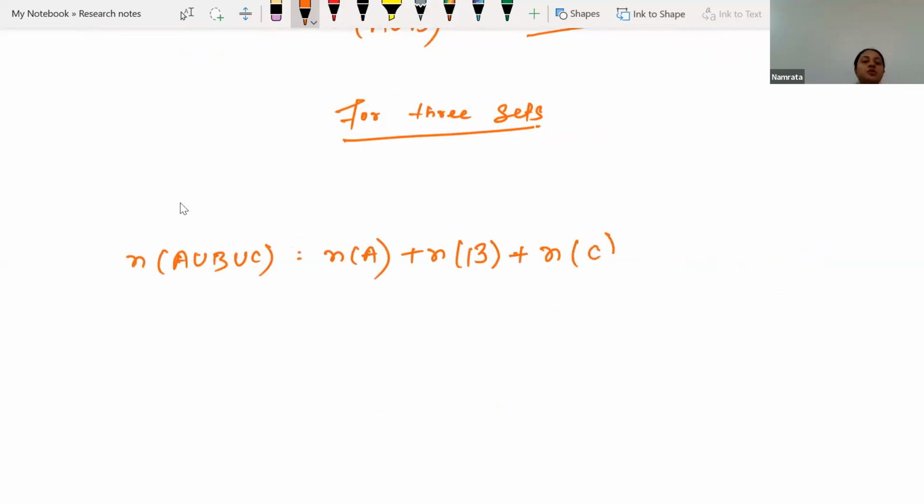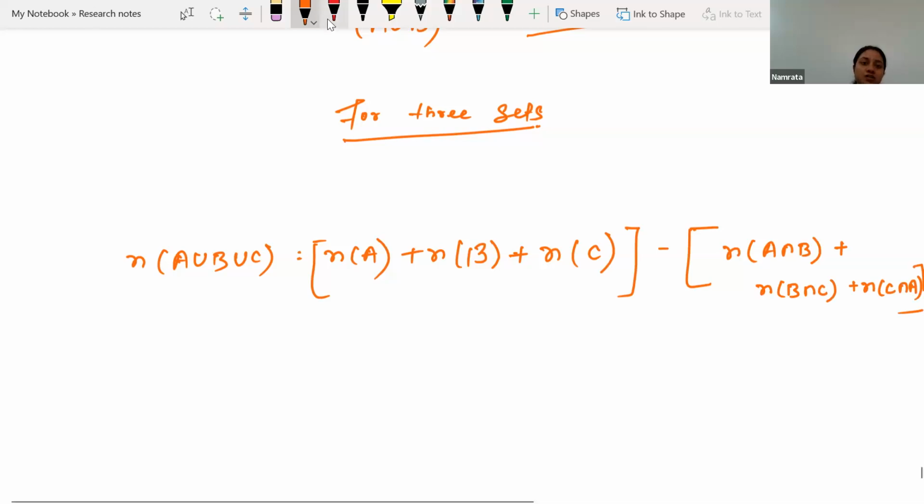Now we need to exclude. So let's exclude the number of elements in A intersection B at first, then B intersection C, then C intersection A. We are excluding 2, 2, 2. Okay.